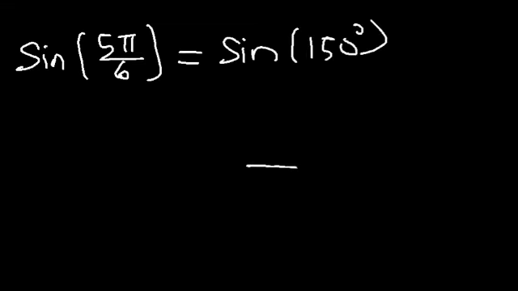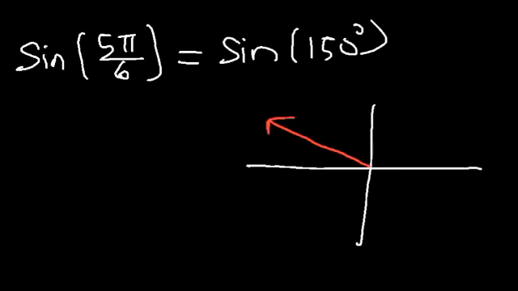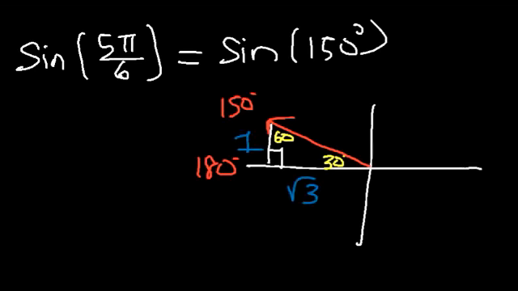So let's draw it. 150 is in quadrant 2, and it's 30 degrees away from 180. So the reference angle is 30. We can draw the triangle. So we have another 30, 60, 90 triangle. Across the 30 is 1, across the 60 is root 3, across the 90 is 2. Now in quadrant 2, we know that x is negative, but y is positive.